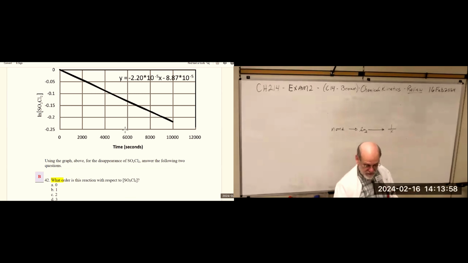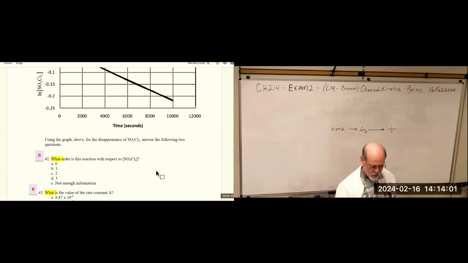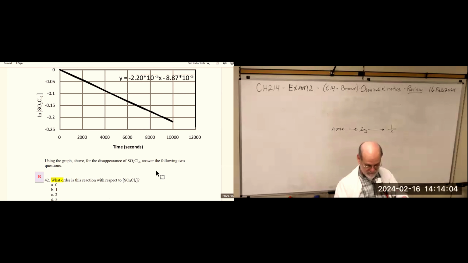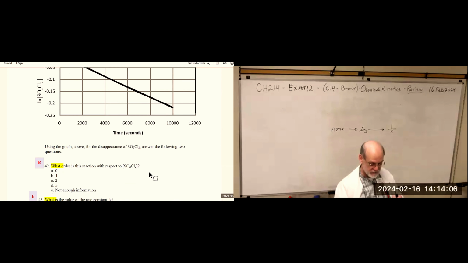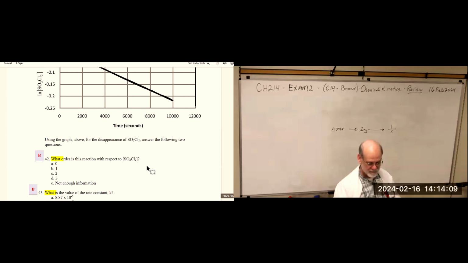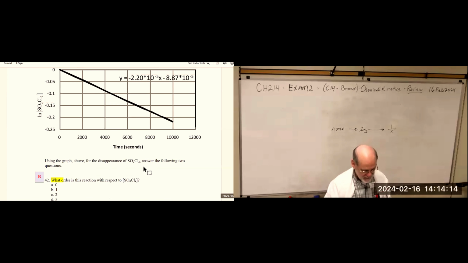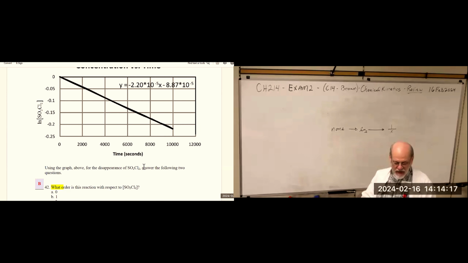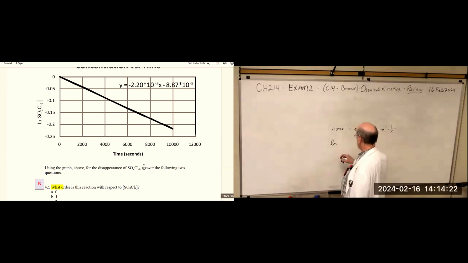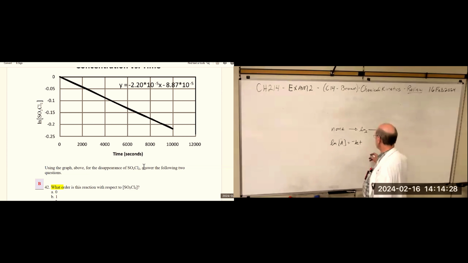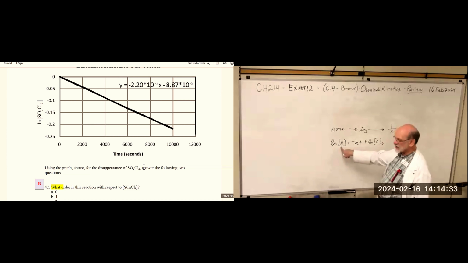Okay, so the question is, using that graph, what order is this reaction with respect to SO2Cl2? It's first order, B. What's the value of the rate constant, K? Well, what's the equation? The equation should be the natural log of A equals negative kt plus the natural log of A0, or substitute the actual value, SO2Cl2 here.